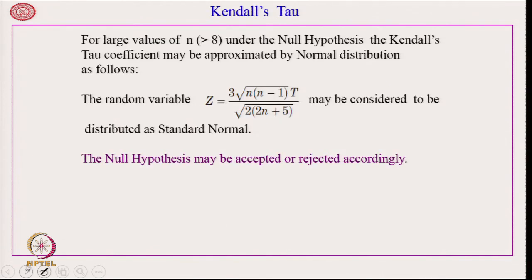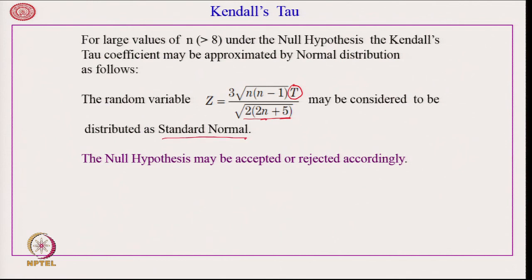Large number approximations. As usual, when n is slightly large, we can try to approximate using the standard normal distribution. With respect to Kendall's tau, if t is the observed value of the statistic, then 3 times root over n into (n minus 1) divided by the square root of 2 into (2n plus 5), this whole multiplied by t, may be considered as a standard normal variable.